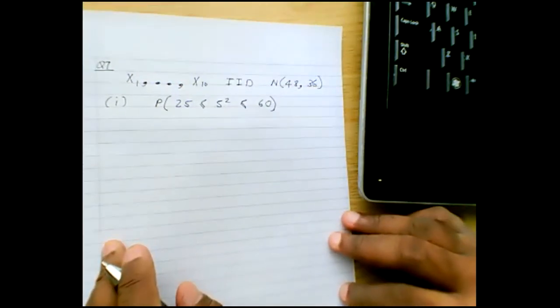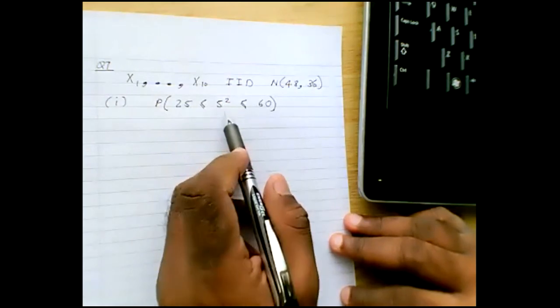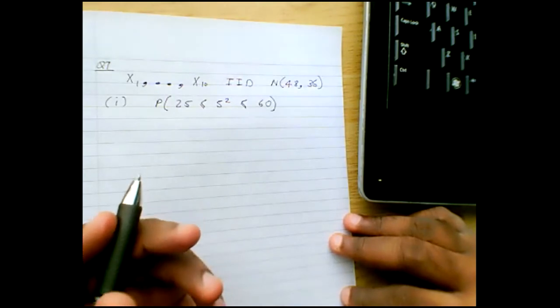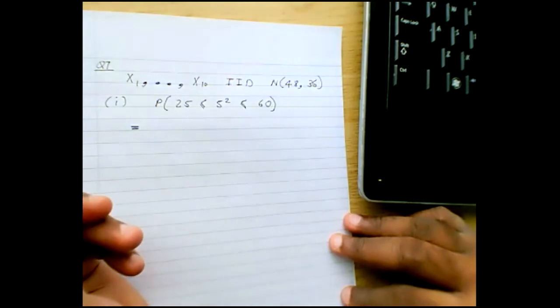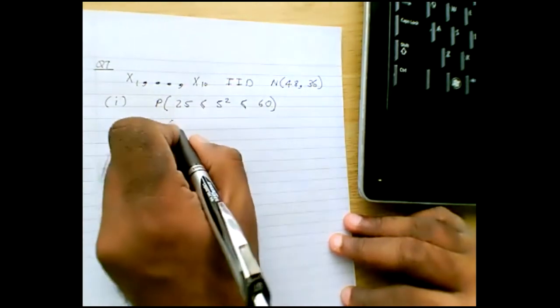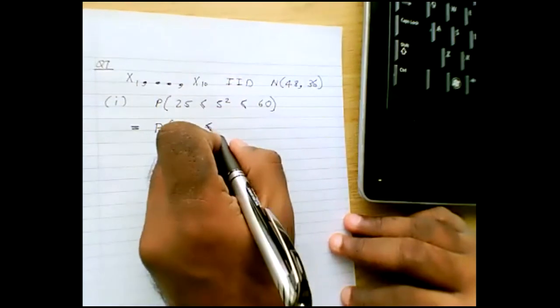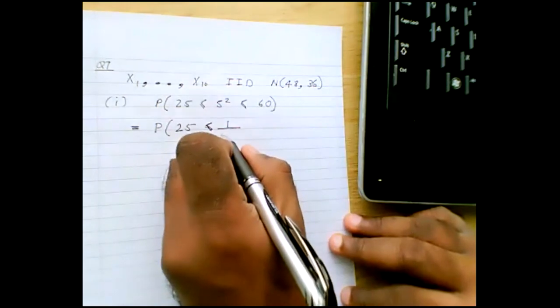Now remember, I gave you 2 formulas for the sample variance. One is the unbiased version, the other one is the biased version, and you always prefer the unbiased version over the biased version. So this is the probability that 25 is less than or equal to S squared. I'm going to use the unbiased version, which has n minus 1 in the bottom.